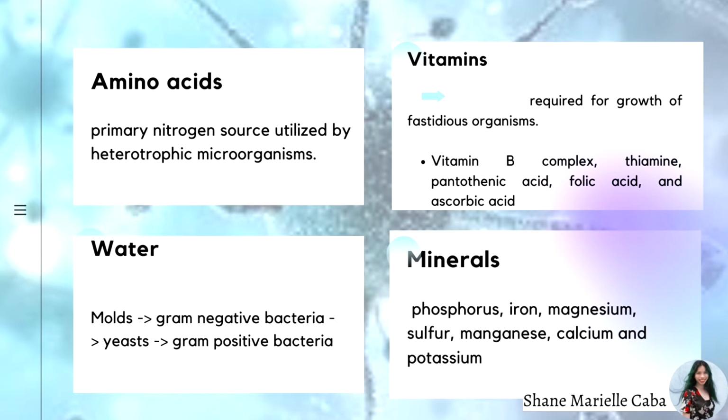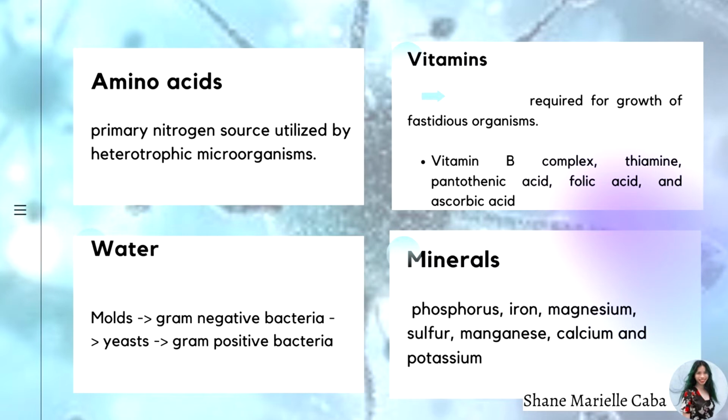Water is another very important component for food nutrients. The water requirement of organisms will depend on the type of microorganism. Generally, molds have the lowest requirement, followed by the gram-negative bacteria, yeast, and then the gram-positive bacteria.